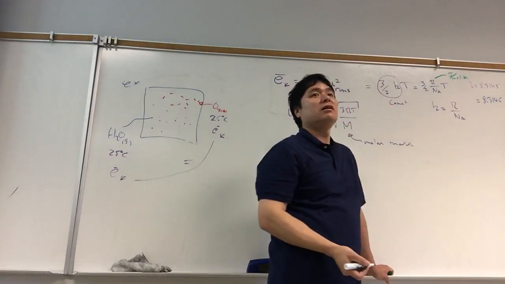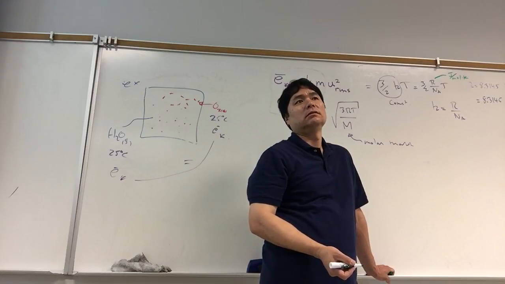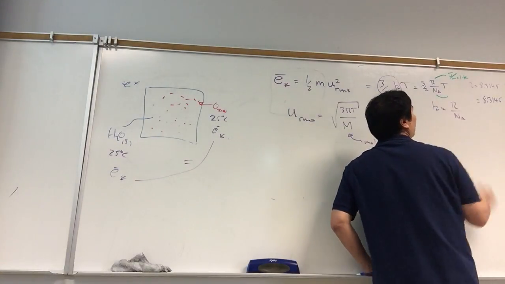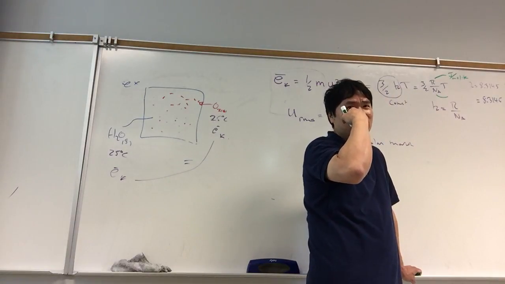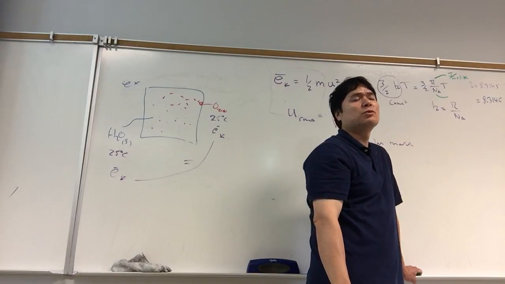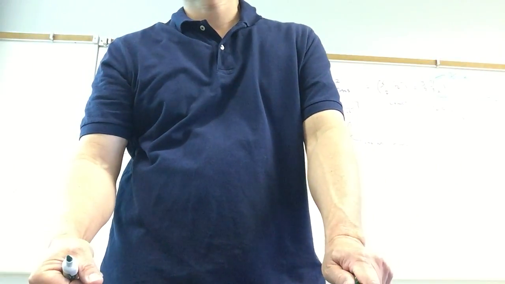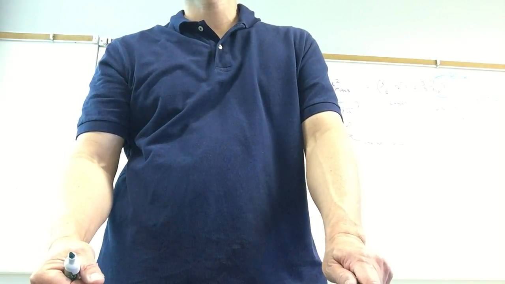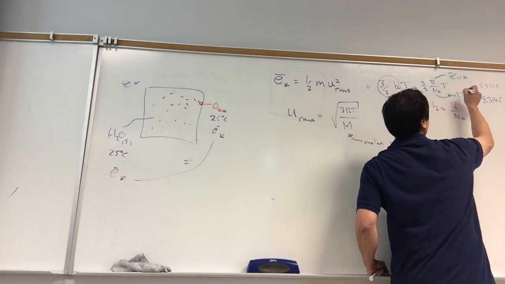Avogadro's number, NA, I skipped this entirely in chapter 3 because I thought it was so simple, but what are its units? 6.022 times 10 to the 23rd per mole, so moles to the -1.